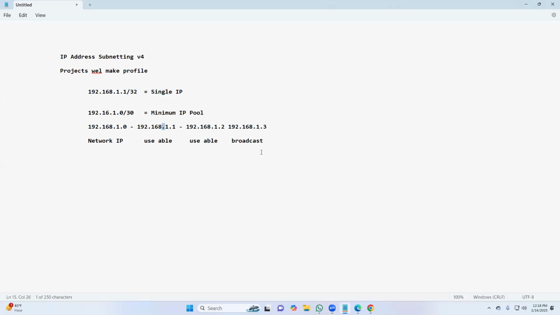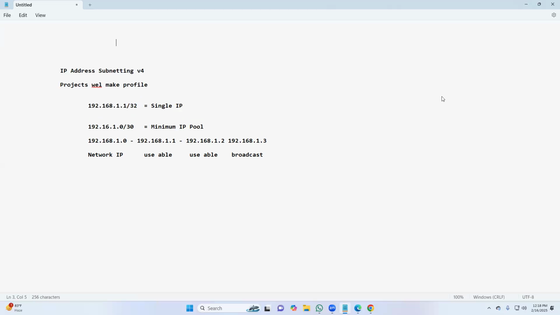But I will give you the table: /32, /30, /29. Mostly we use these numbers, and I will give you the memory numbers, and also the logic and a formula.